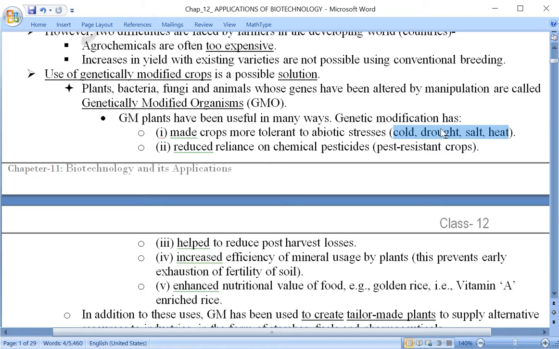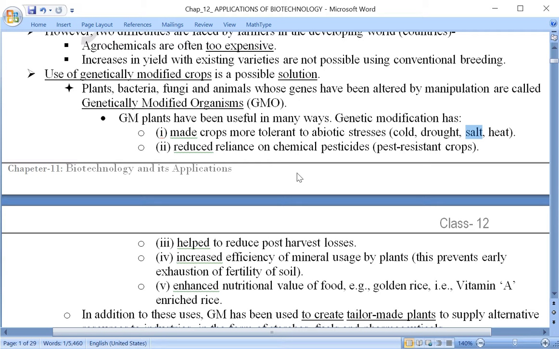You understand what is cold. Some plants are not able to grow in cold climatic condition. Some plants are not able to grow in very dry condition. Drought is the dry condition where water is not available. And then we are having salt concentration here in our state, mainly when we talk about Kutch and Bhuj, you know about the salt concentration.